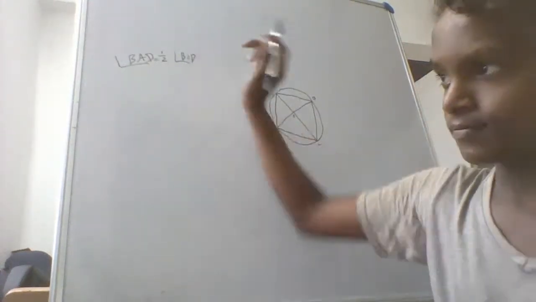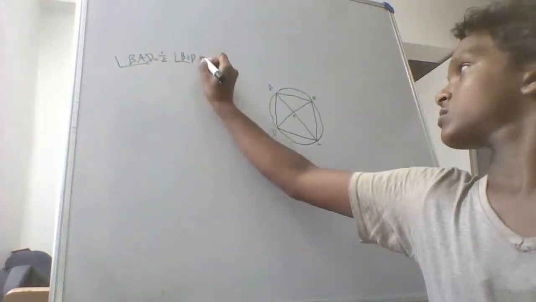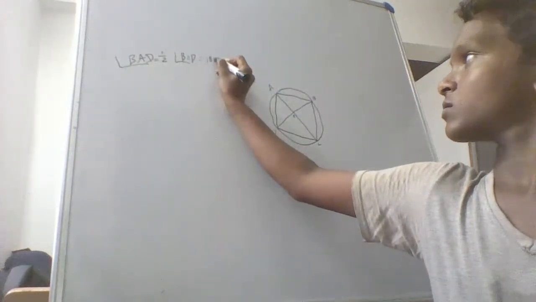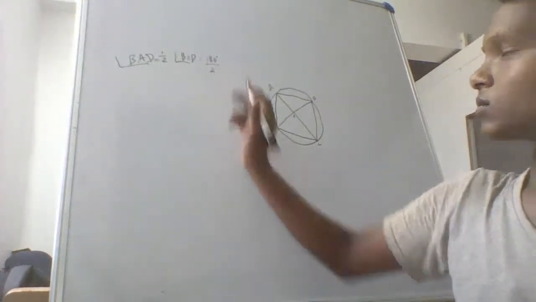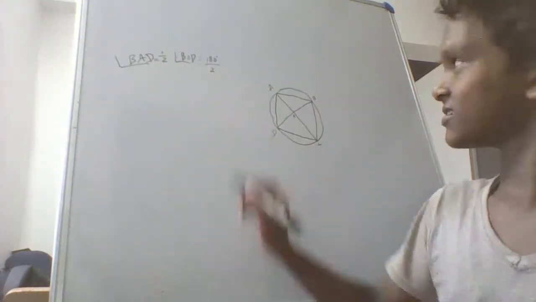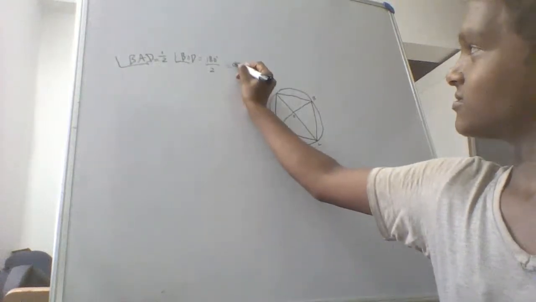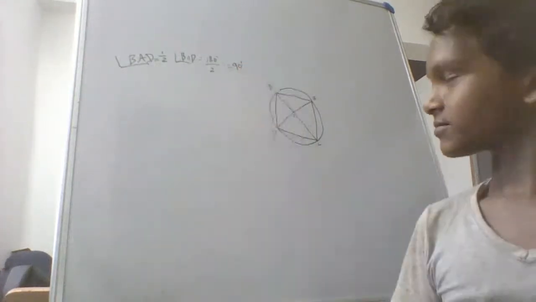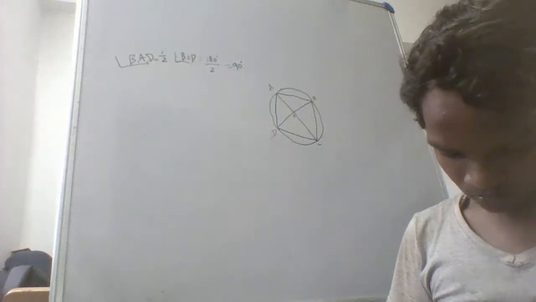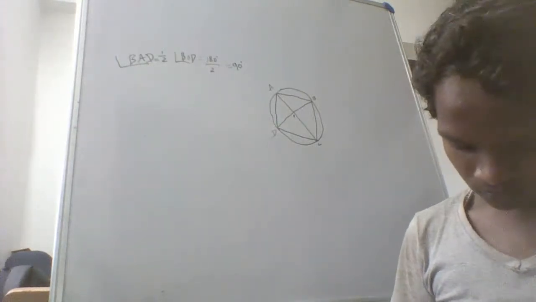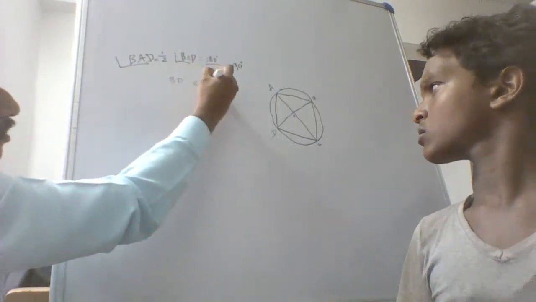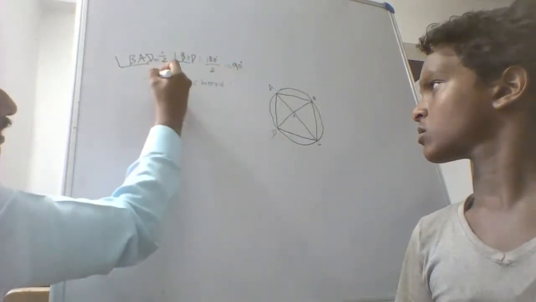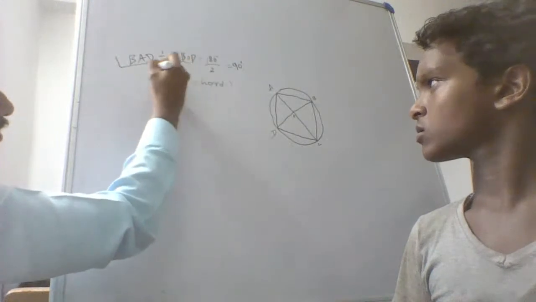It is 180 degrees, right? 180 by 2, what do you get? 90 degrees. Now BD is what you have considered as a chord, right? We are considering BD as a chord.